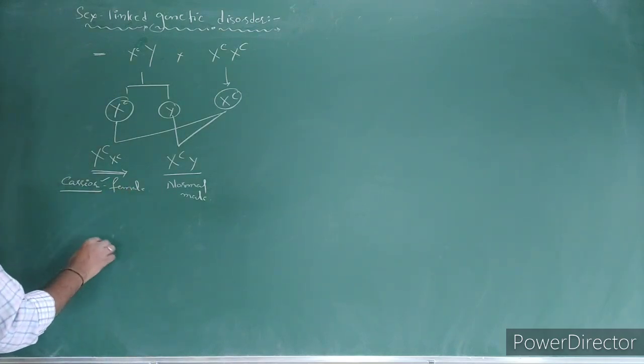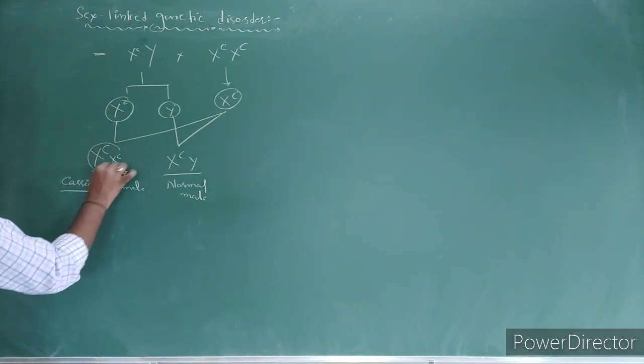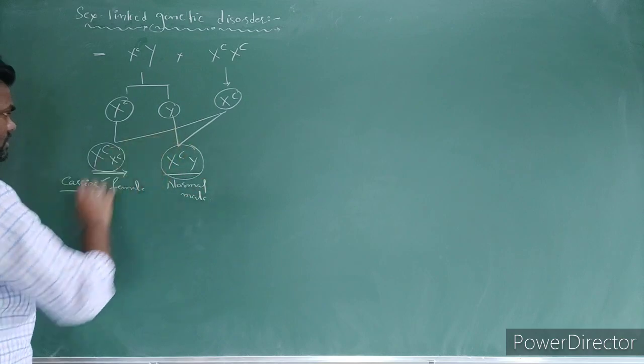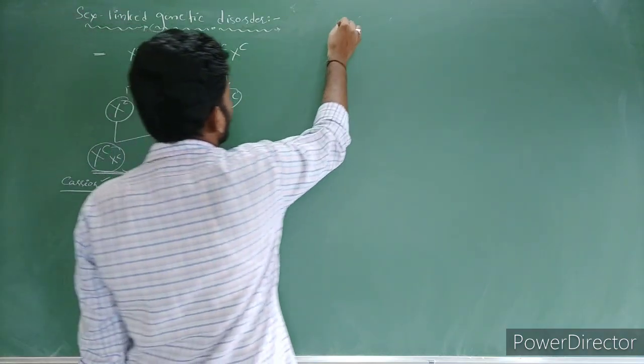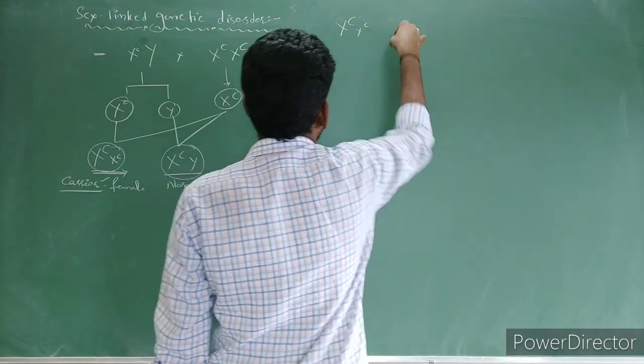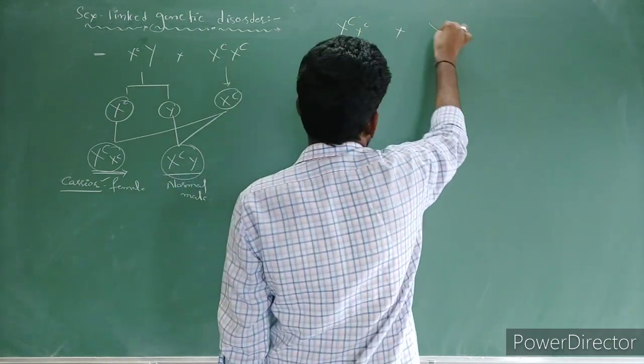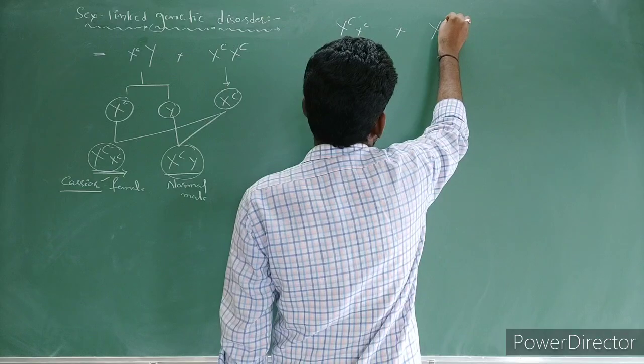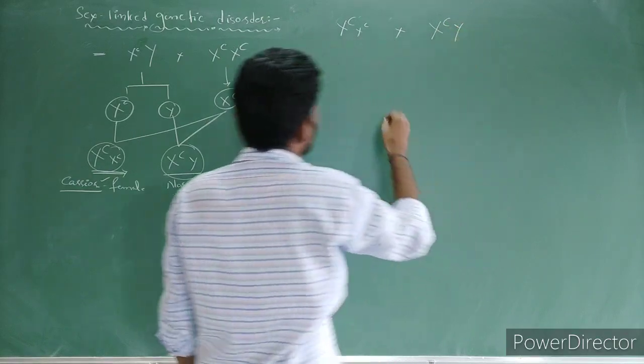Okay, next question. Same, if you make a cross between these two persons, with these alleles: female is a carrier and male is normal. What happened?